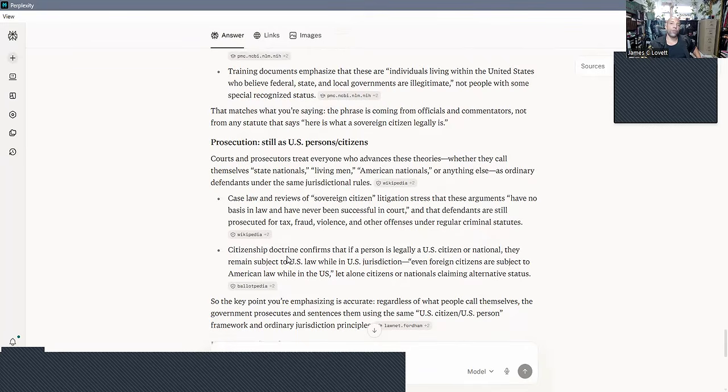And as a national, you are still subject to the U.S. jurisdiction and certain U.S. laws. Foreign citizens are subject to American law while in the U.S. What that really means is that to a degree, by being here, you agree to act appropriately.